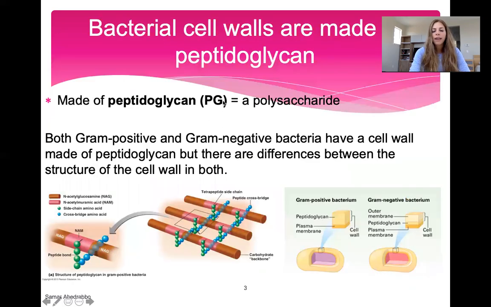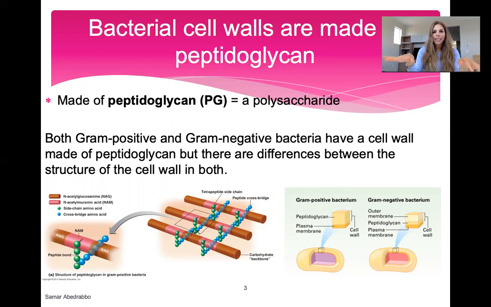To start off, I want to mention that, and you will learn this in the prokaryotic cell lecture, bacterial cells have a cell membrane, and then outside the cell membrane, they have something called a cell wall. This cell wall in bacteria is made up of peptidoglycan. Peptidoglycan is a sugar. It's a polysaccharide.